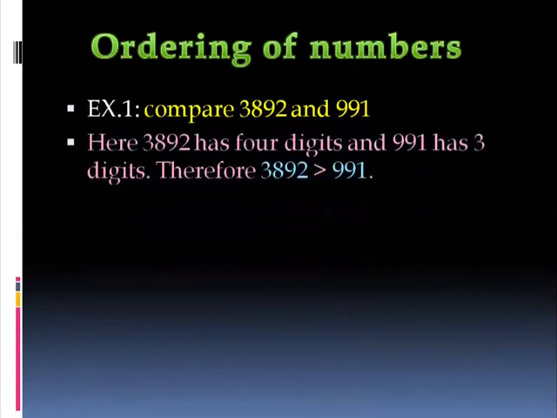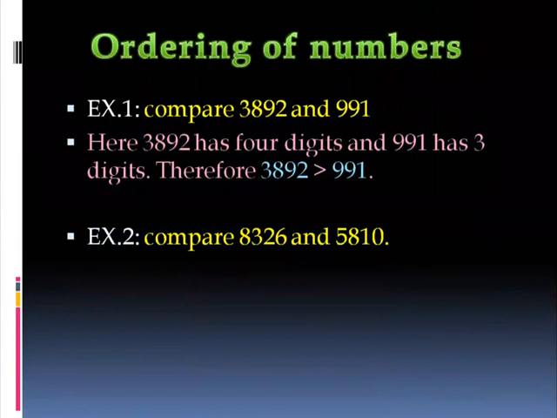See, example 1. Compare 3892 and 991. In these two numbers, which is the biggest number, otherwise which is the largest number? 3892. Directly we can say that 3892 is the largest number, because 3892 has 4 digits and 991 has 3 digits.